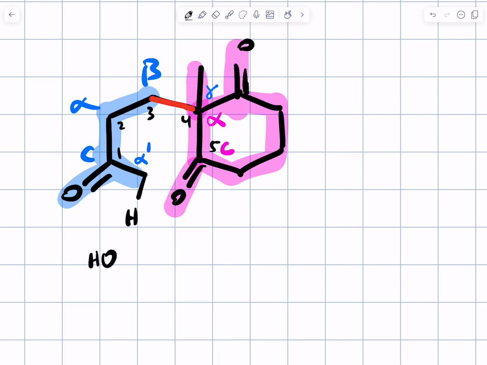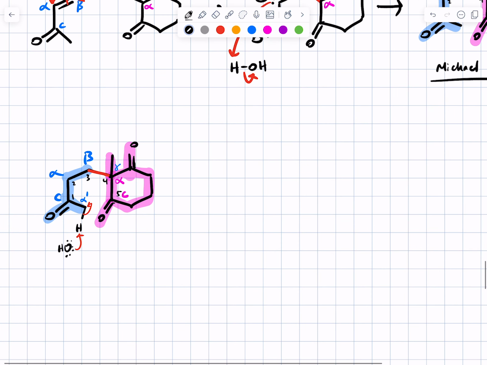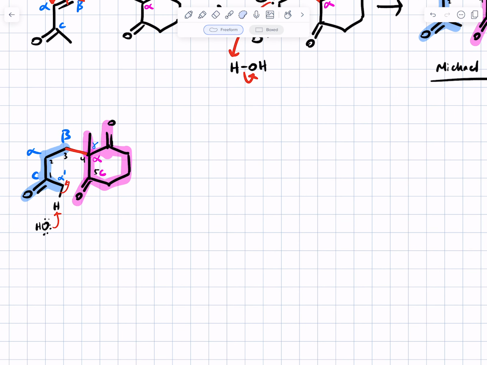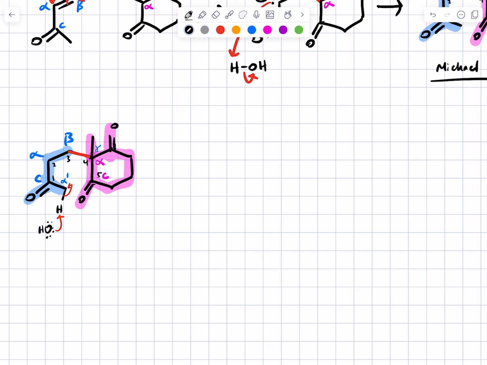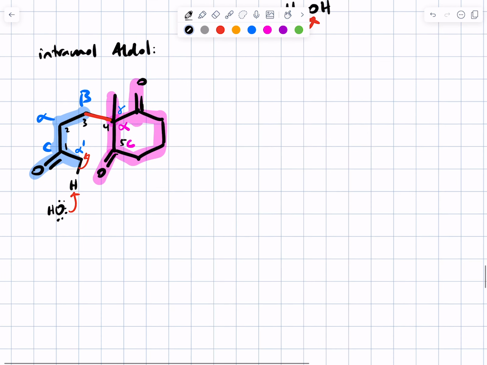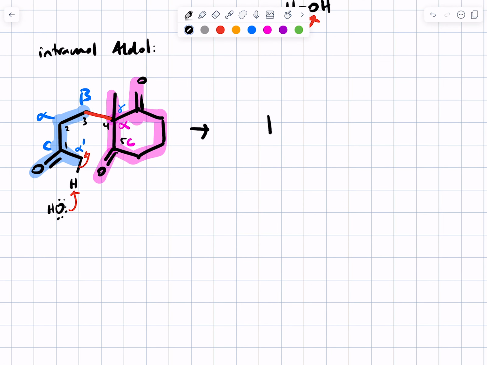So let's take the base, let's remove the alpha proton to make the enolate. You could draw the arrows in the way I've just done, or you could draw the arrows in such a way as to get the other resonance structure of the enolate.